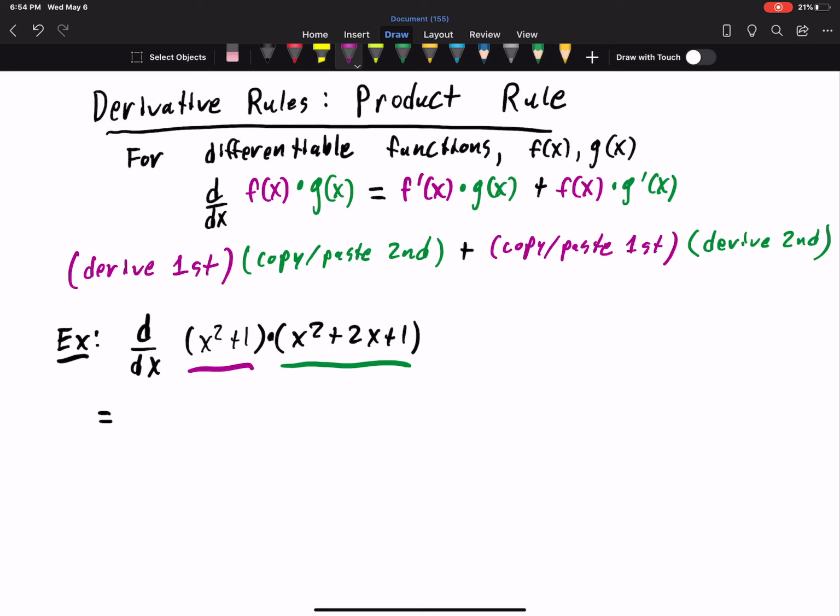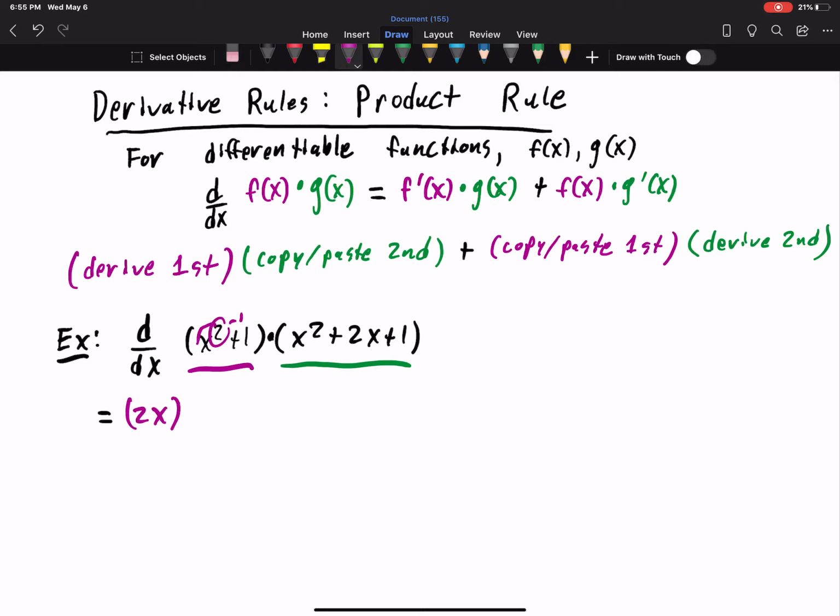And to do that, we need the power rule. So we're going to take this 2, bring it down in front, and then subtract 1 from the exponent. So that gives us 2x to the first, or just 2x. The plus 1 vanishes when you take its derivative, because the derivative of a flat line is just 0. So that is our derivative of the first function.